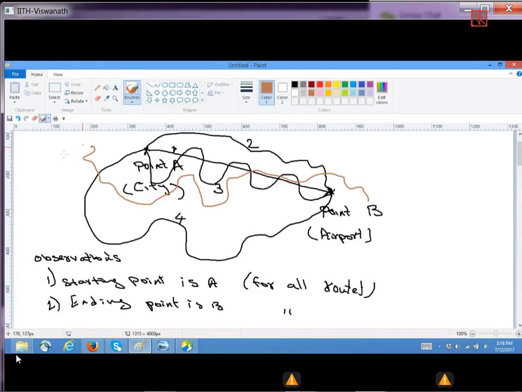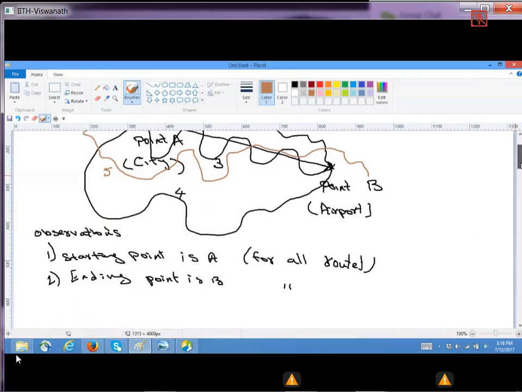For the fifth one, it is not a solution because you are not starting from your place, you are starting from somewhere else, and you are ending somewhere else. So the fifth is not a valid solution, but routes 1, 2, 3, 4 are valid solutions. Out of these valid solutions, the one which best suits you has to be determined.